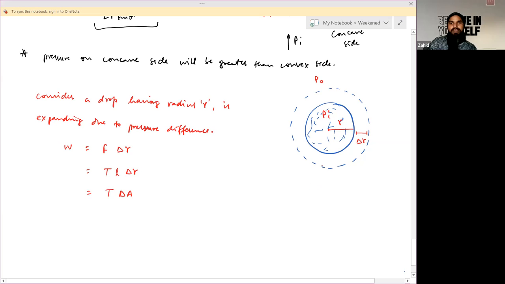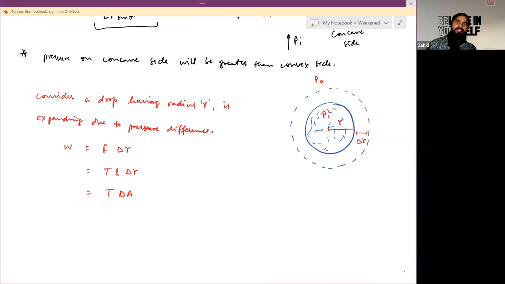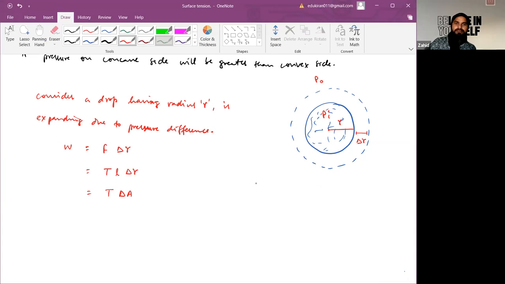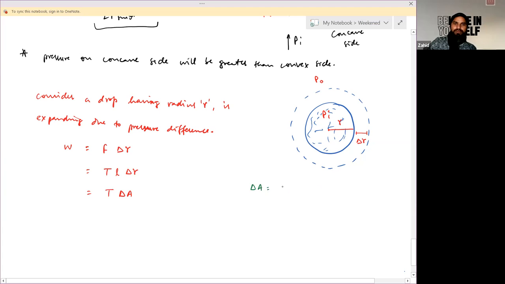Now, if you calculate the change in surface area for this part, delta A equals 4 pi outer radius squared minus 4 pi inner radius squared. Take out 4 pi as common and expand it. You'll get a square plus b square plus 2ab minus r square.